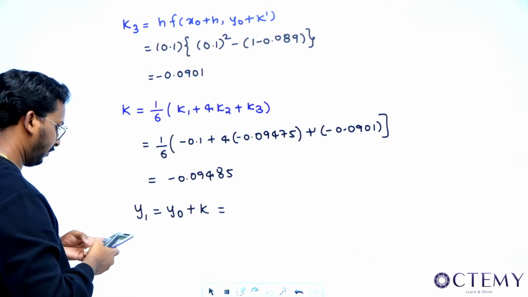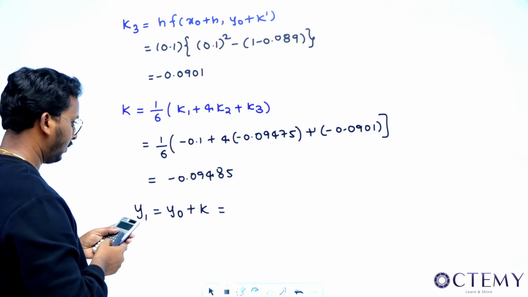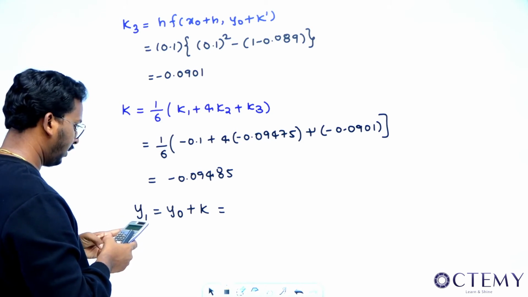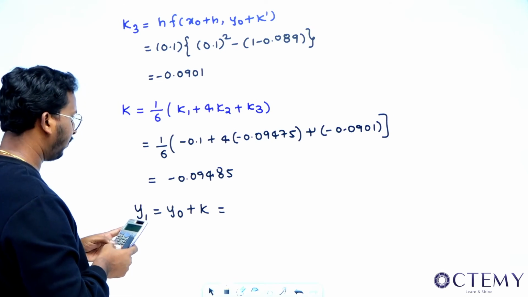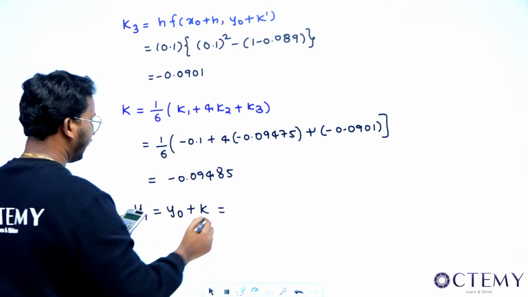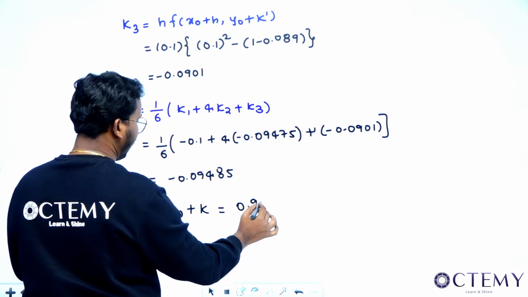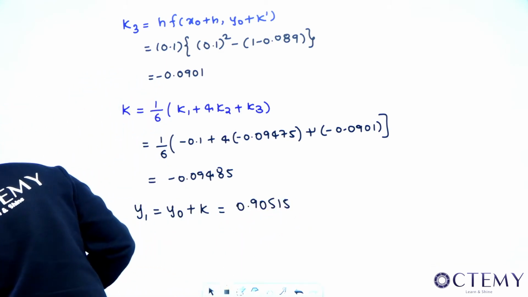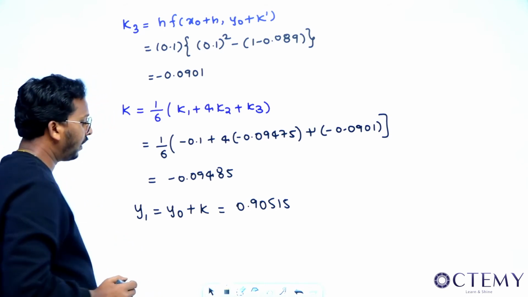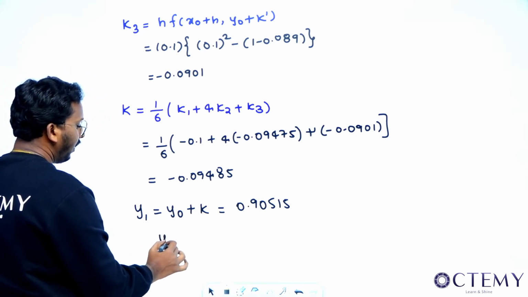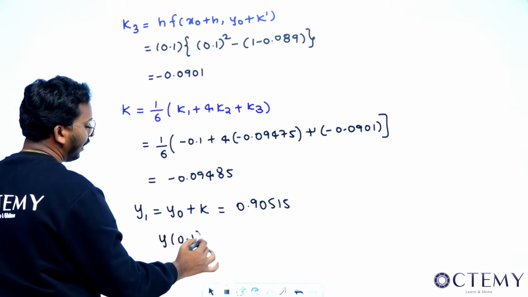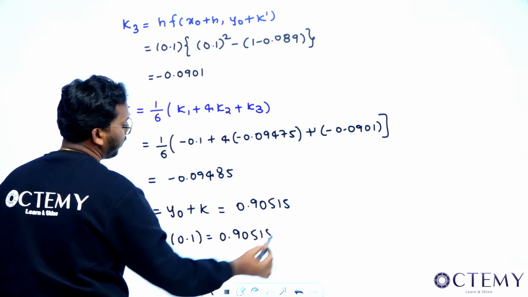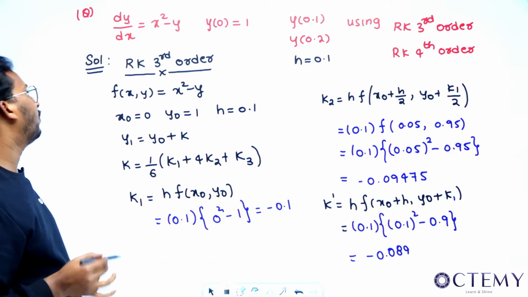If I do 1 minus 0.09485, you will get 0.90515. Very good, sir. This is your y1. That means y of 0.1 value is 0.90515.